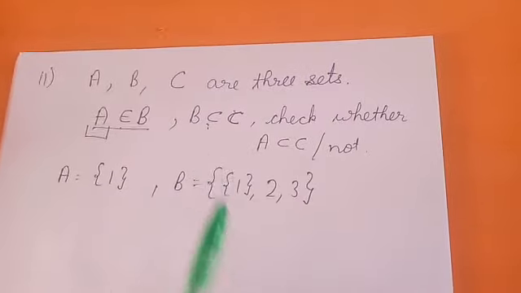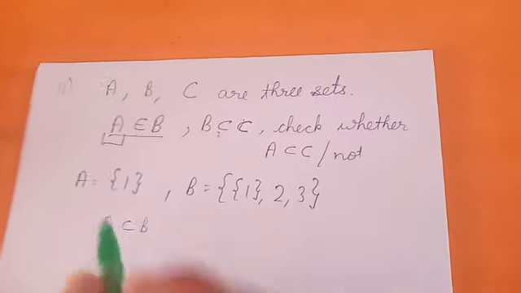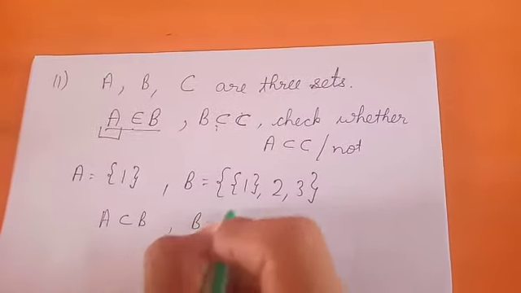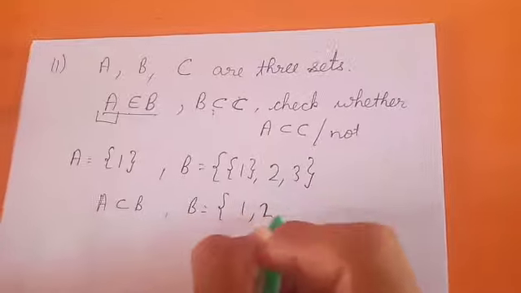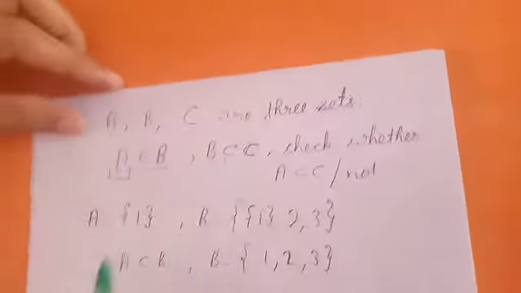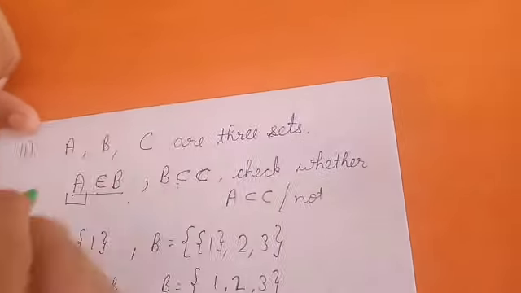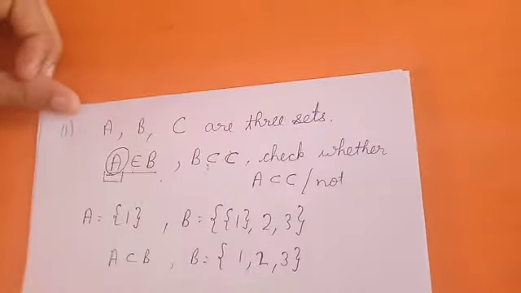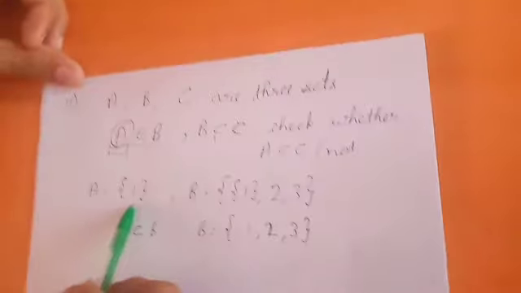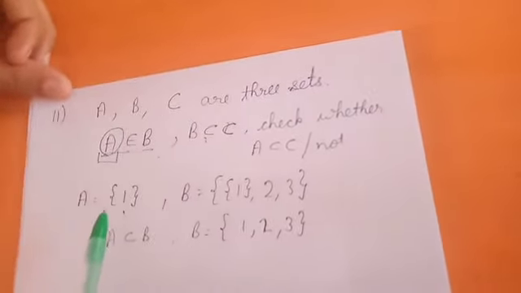Okay, if they had given A is a subset of B, then in that case we would write A as {1, 2, 3} in this way. But as they have given A belongs to B, it means this A is one of the elements of B. This is our A, and how can this be an element of B?